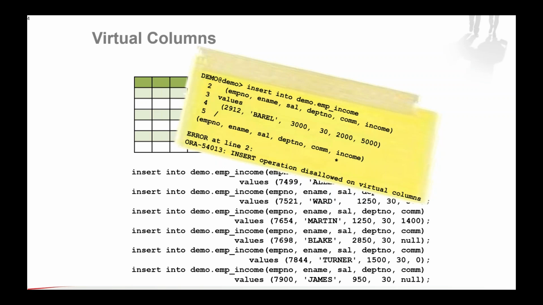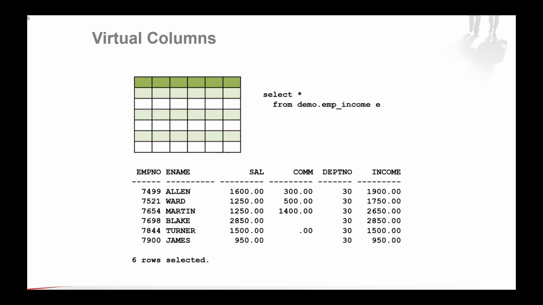Because it's always generated, you don't have any access to it for adding data. If I do a select star, you see the income column showing up with the calculated value, salary plus commission, if anything is there.